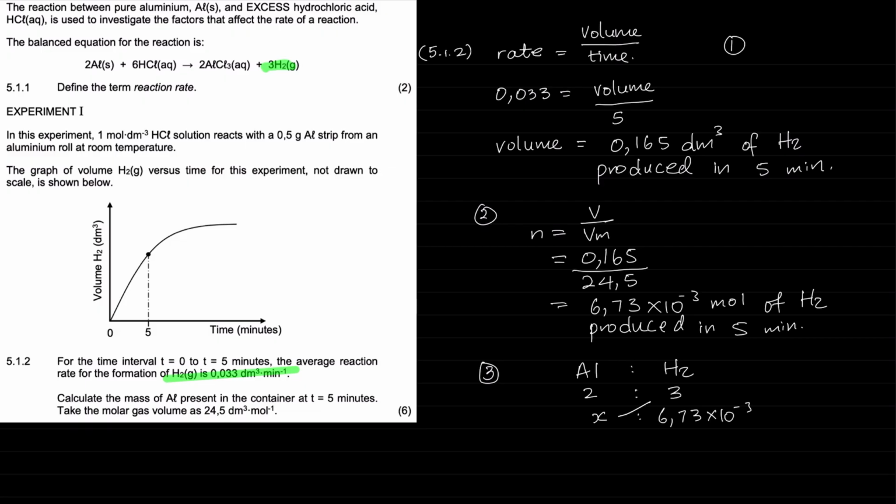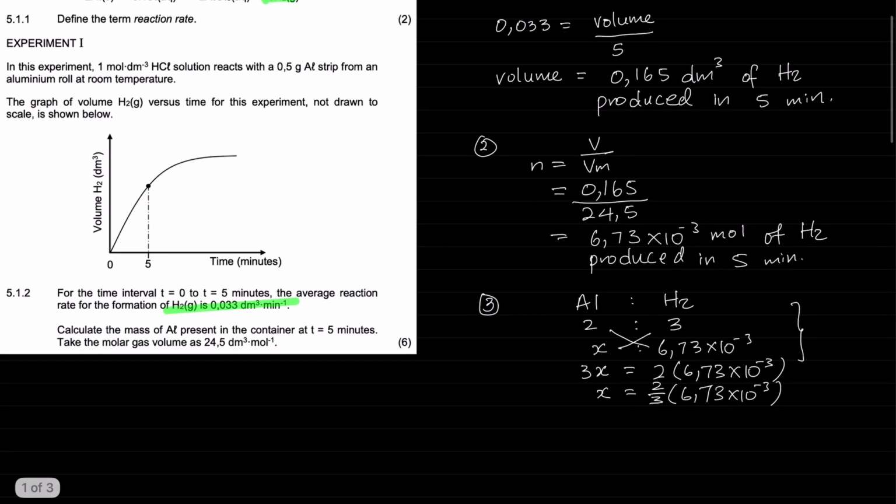Cross multiplying, 3x is equal to 2 times 6,73 times 10 to the minus 3. That means x is equal to 2 over 3 times 6,73 times 10 to the negative 3. It's not actually necessary to write it out like this; I'm just showing it to you because it is an option.